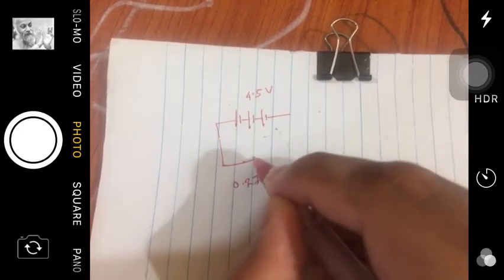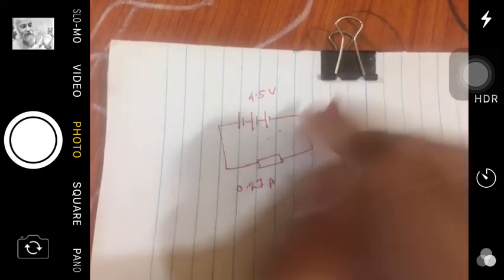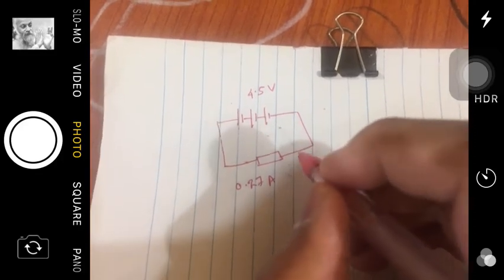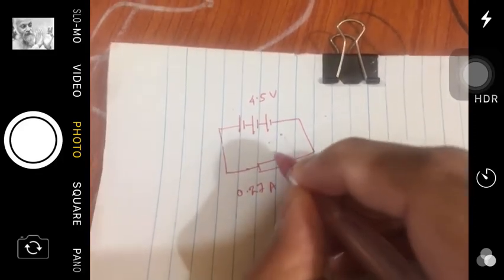0.27 amps through a lamp of resistance 15 ohms, right?